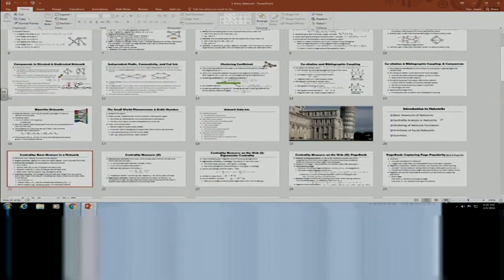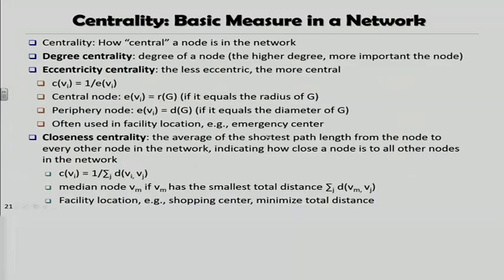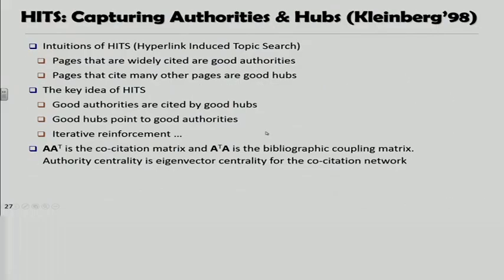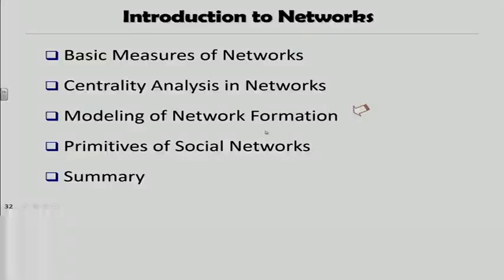Now we will come back to what we discussed on the modeling of network formation. The general idea is that the network was not generated randomly. In most real networks, if you use a random model, it will not fit.